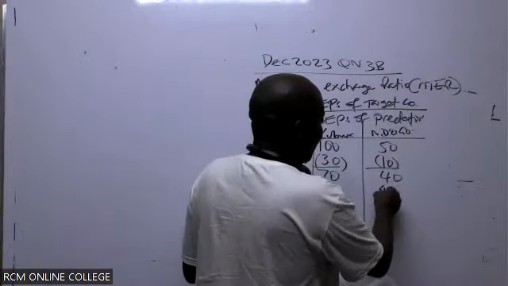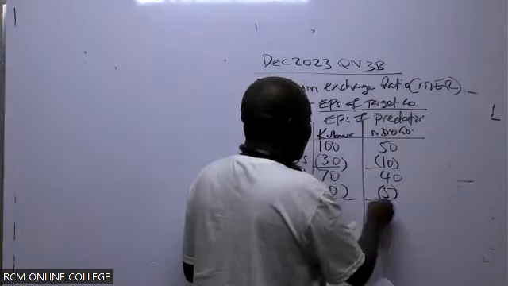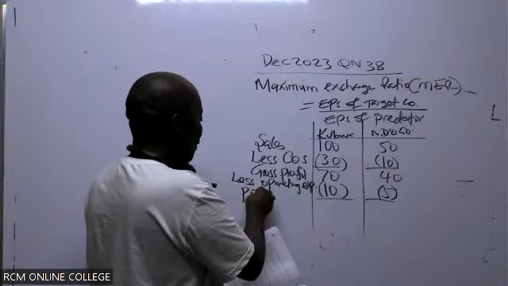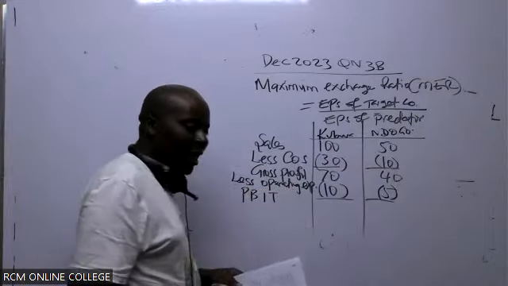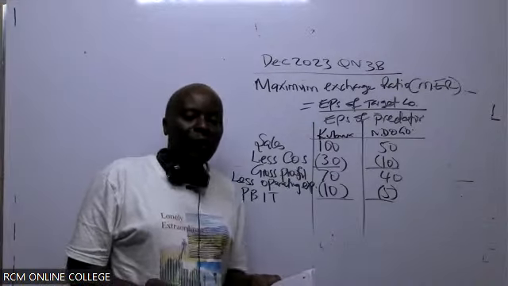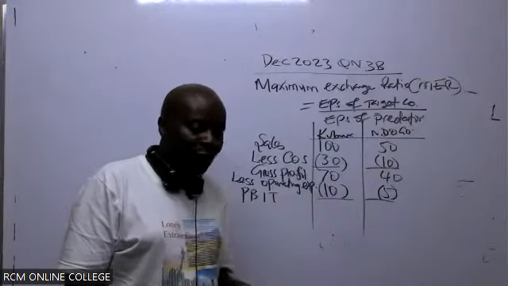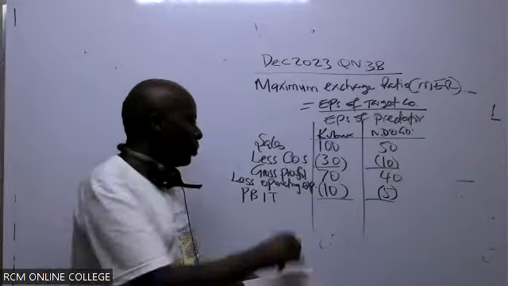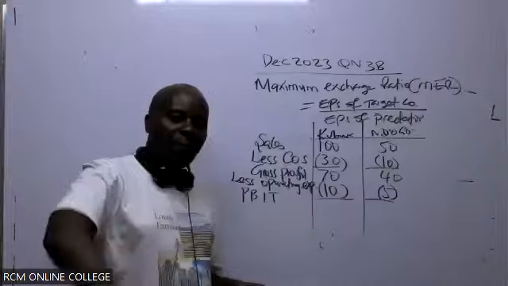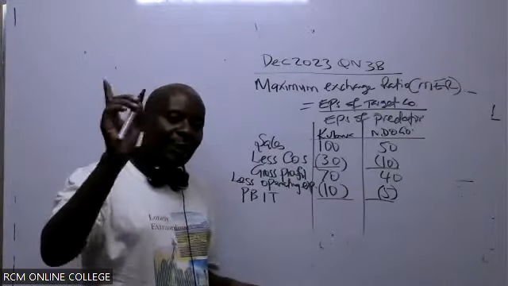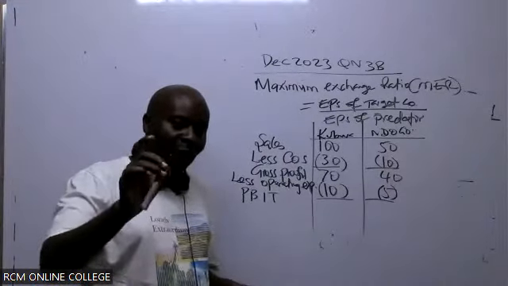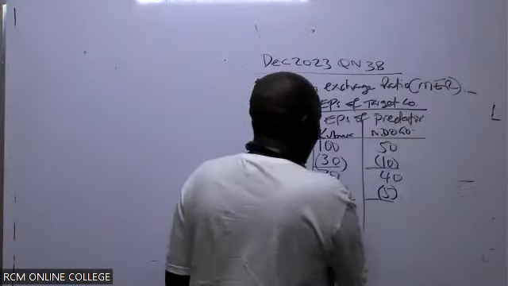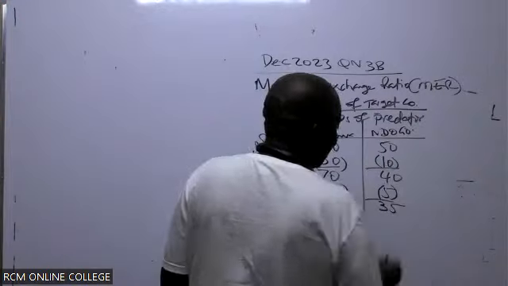Subtract like that, and it gives us profit before interest and taxation, because you have wiped away all the other expenses except interest or finance cost and taxation. So this gives me 60 here and 35 here.